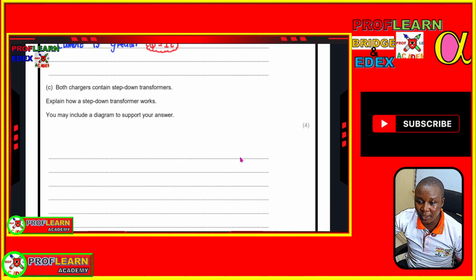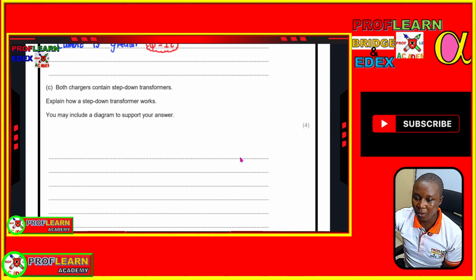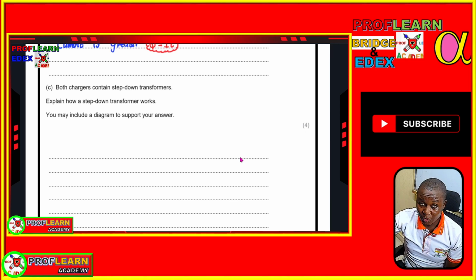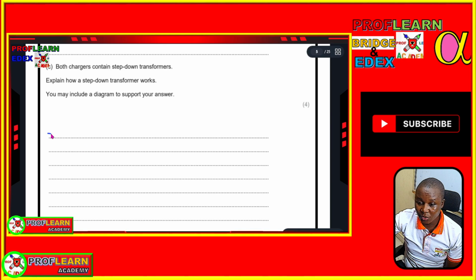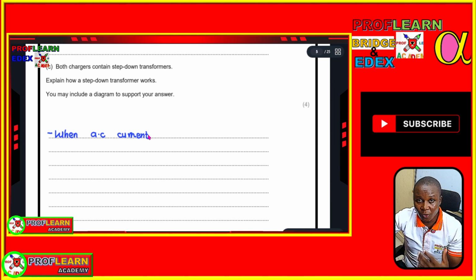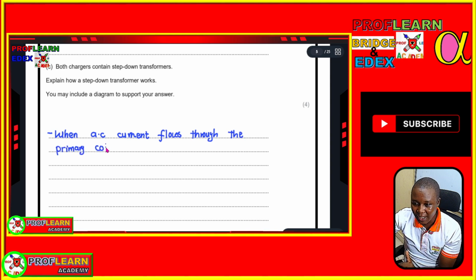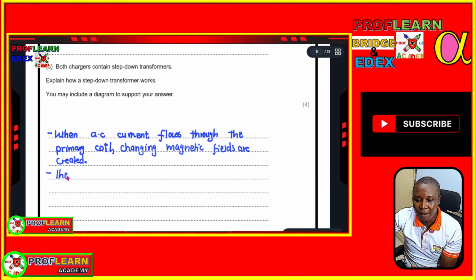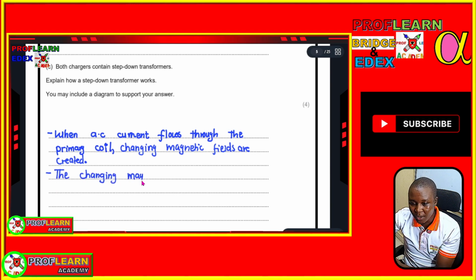The next part here is where you are supposed to explain how a step down transformer works, and then maybe you are expected to include a diagram, but I need to be very straightforward here. I say when alternating current flows through the primary coil, magnetic fields which are constantly changing size and direction are created in the primary coil, and when these magnetic fields cut across the secondary coil, an EMF is going to be induced.